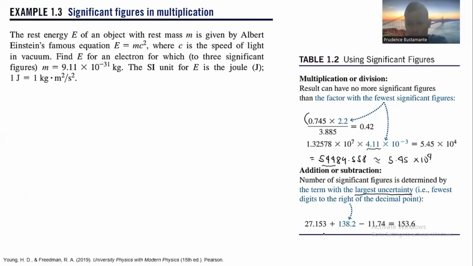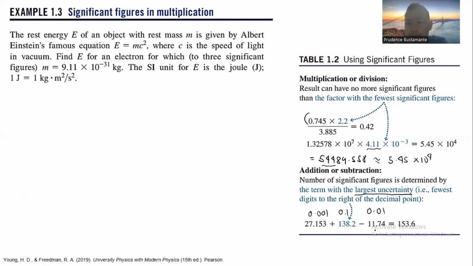Okay. What do you mean by largest uncertainty? You can know the uncertainty of this as 0.001. This one is 0.1. Okay. 0.01. So here, the largest uncertainty is this one, 0.1, compared to these two.